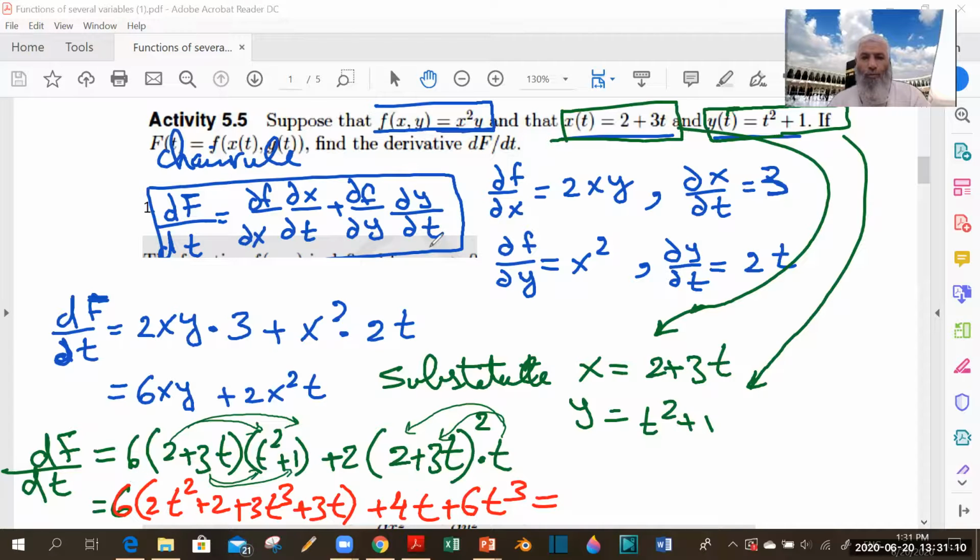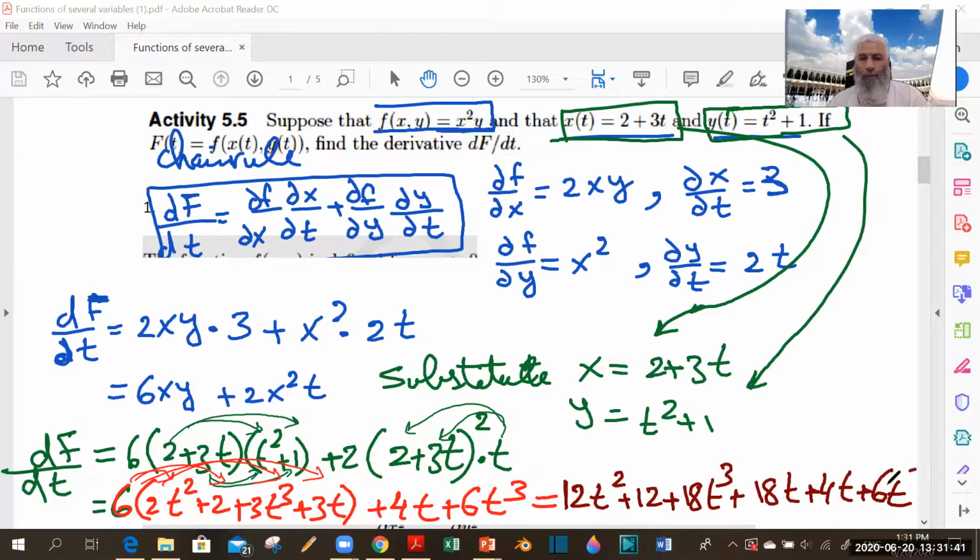So this 6, we will multiply here, and here, and here, and here. Then we have 12t squared plus 12 plus 18t cubed plus 18t plus 4t plus 6t cubed, right?